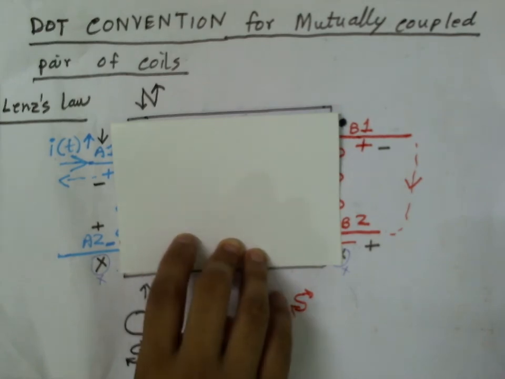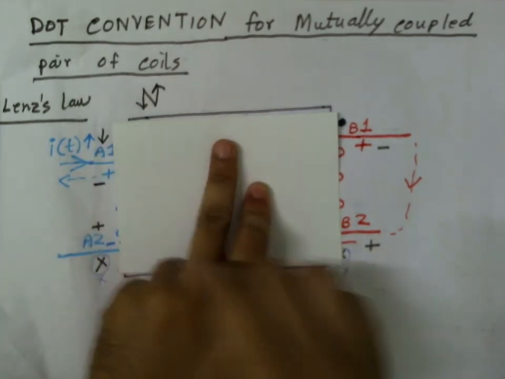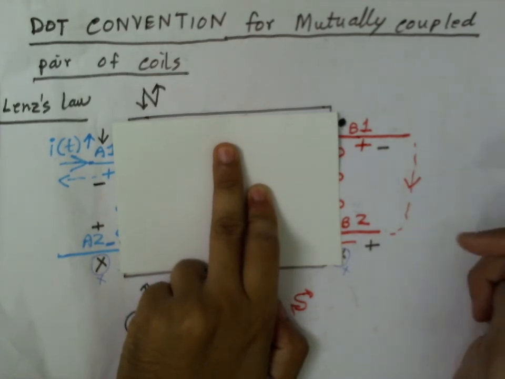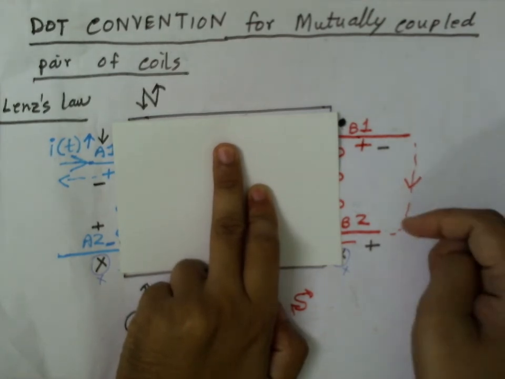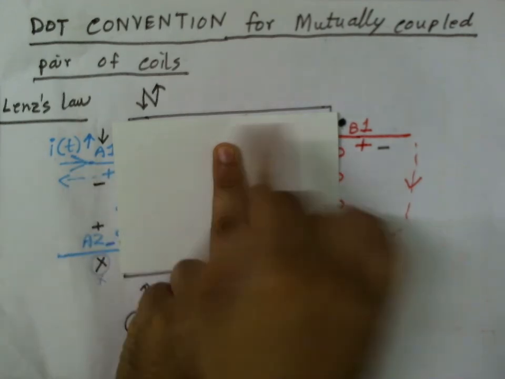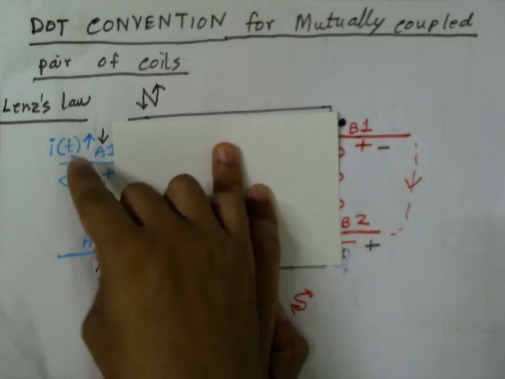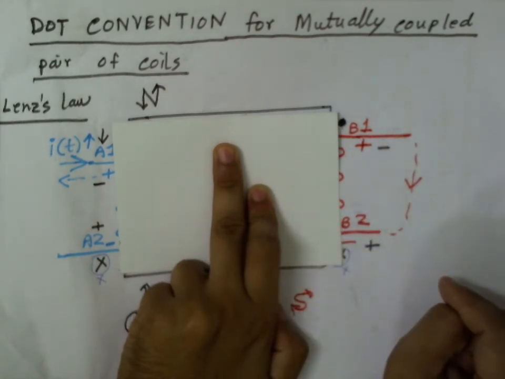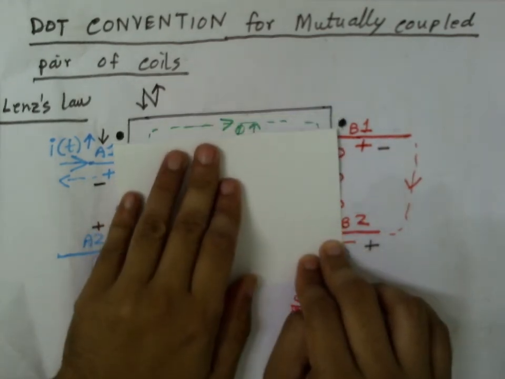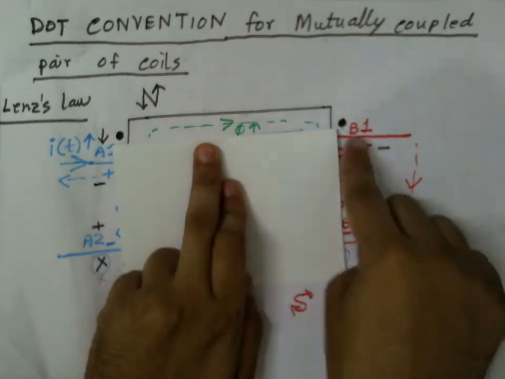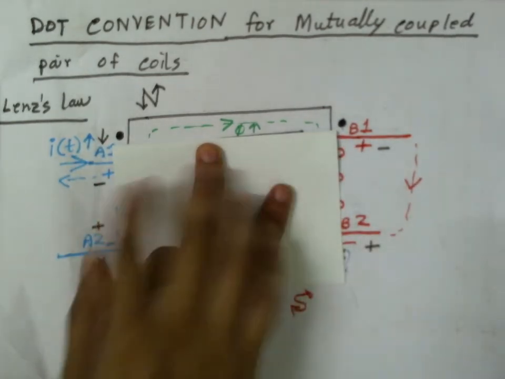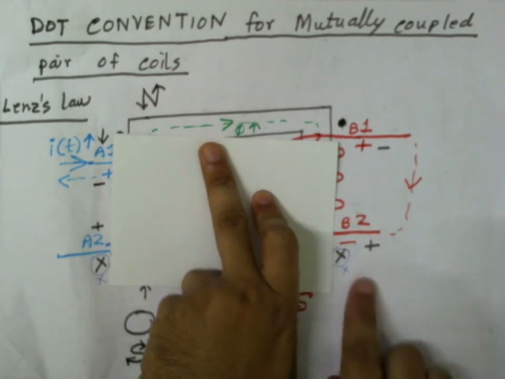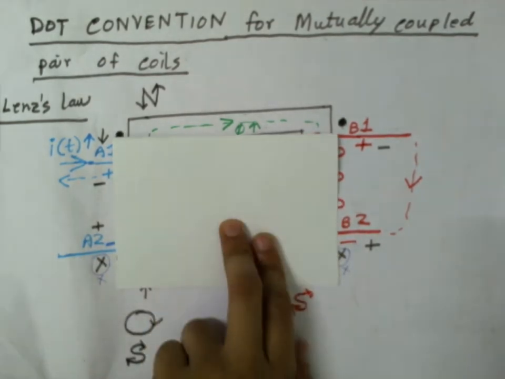We can only see 4 terminals, 2 input terminals and 2 output terminals, and we may still want to know how the polarities of A1, A2 and B1, B2 are related to each other. In such situations, putting a dot along A1 and B1 indicates that these two terminals are always similar, and these two terminals A2 and B2 are always similar.